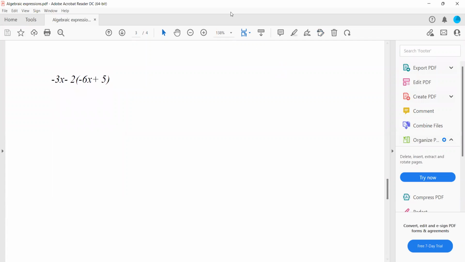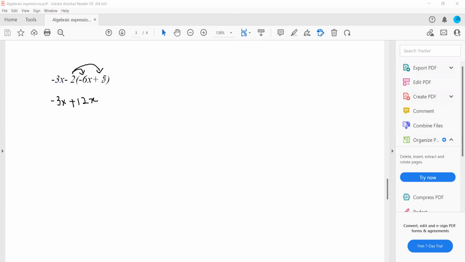Okay, so for this one, we see brackets, so we need to solve the brackets first as usual. So expand the bracket. Minus 2 multiplied by negative 6 gives us positive 12x.